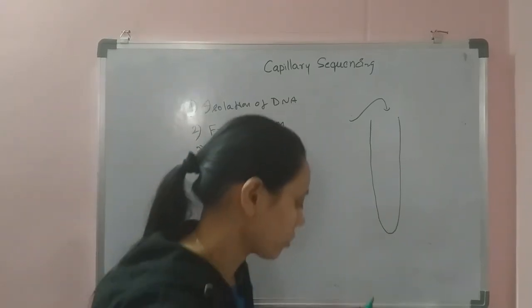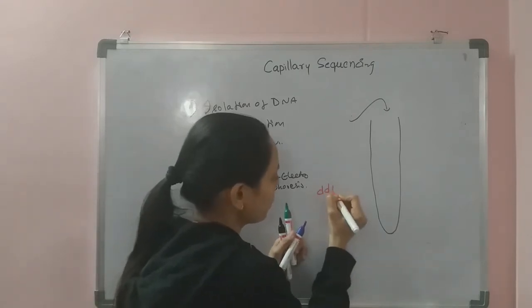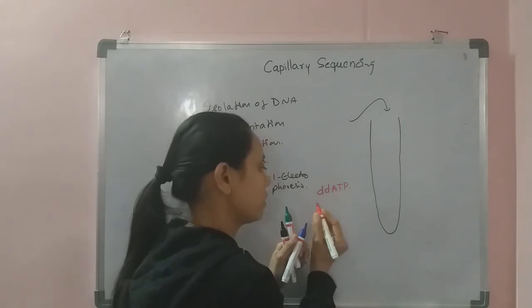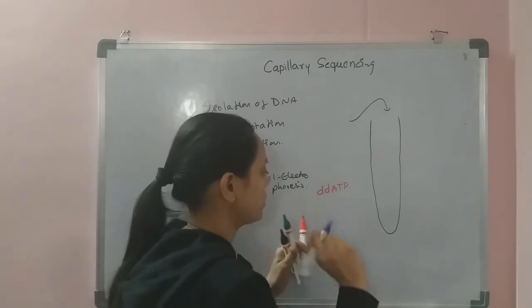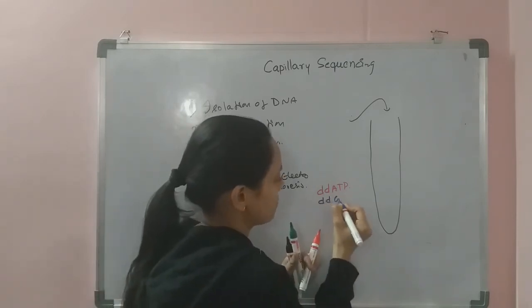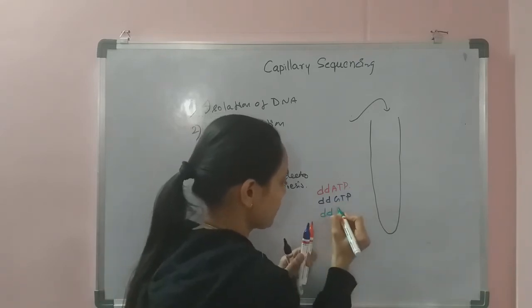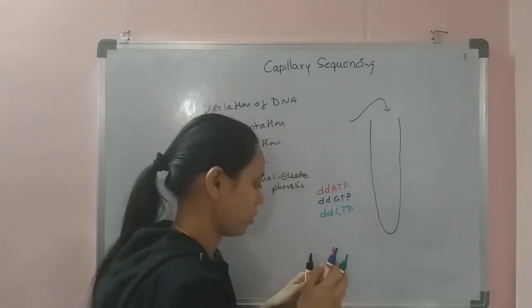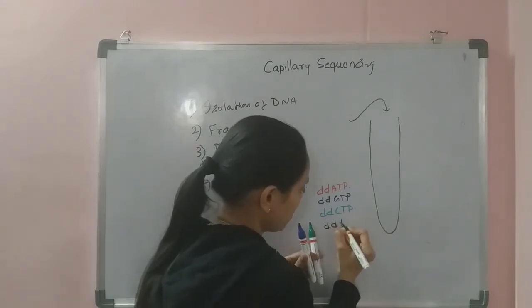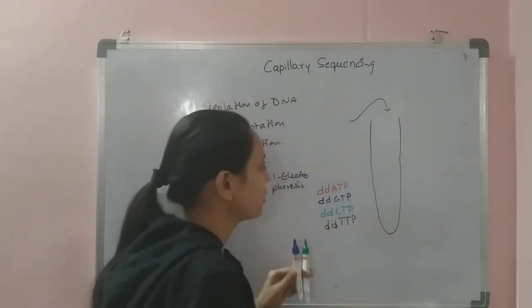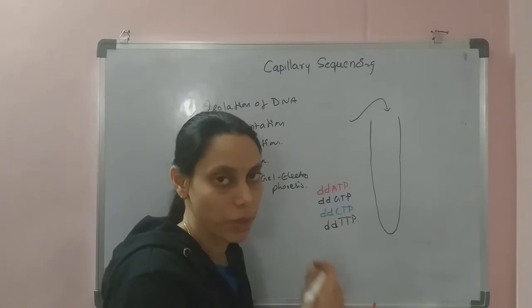Suppose ddATP is tagged with red fluorescent label, ddGTP with blue, ddCTP with green, and ddTTP with black. All these colors we adopted are only for convenience in understanding the experiment here.